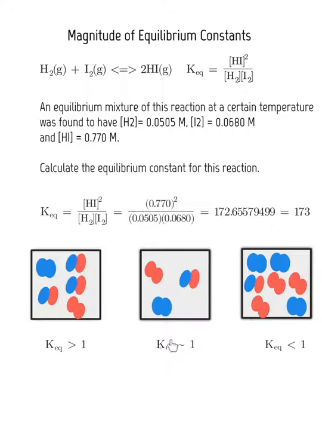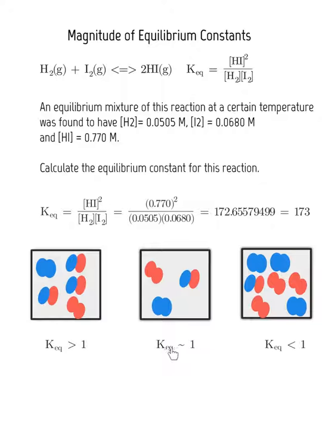And so we're going to get a number that is greater than 1. Now let's look at this scenario. We have 1 mole of iodine and 1 mole of hydrogen and 1 mole of HI. This doesn't usually happen in experiments, but it works for this illustration. 1 squared divided by 1 times 1 is going to be 1.